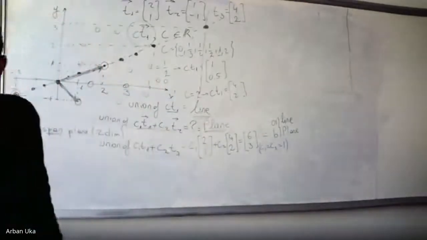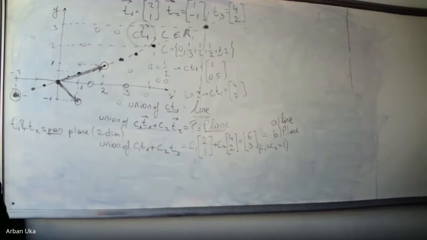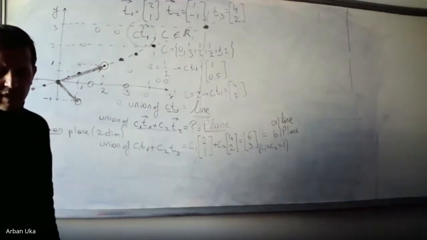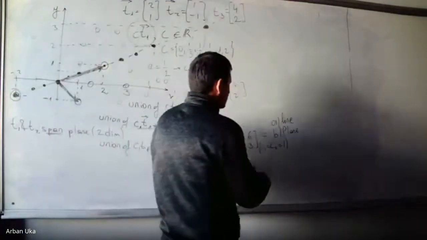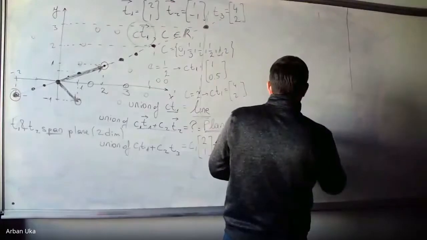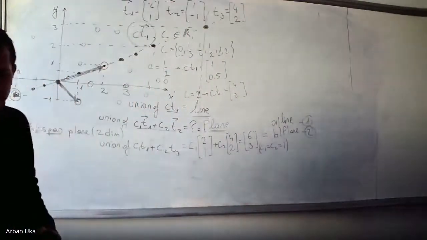So who thinks it can be a line? Can you enter this in the comment section? I want to see you press 1. You press 1 if you think it's going to be a line. Okay, I'm counting. And the line is 1, and plane is going to be 2. If you think it's a plane, enter 2.